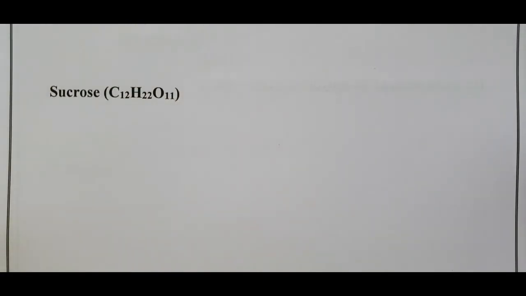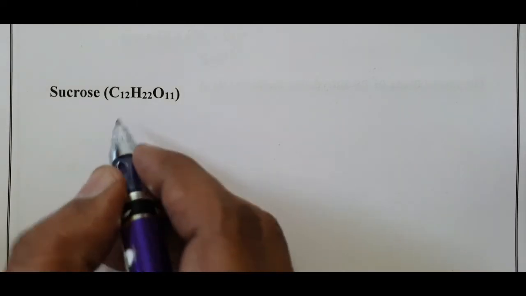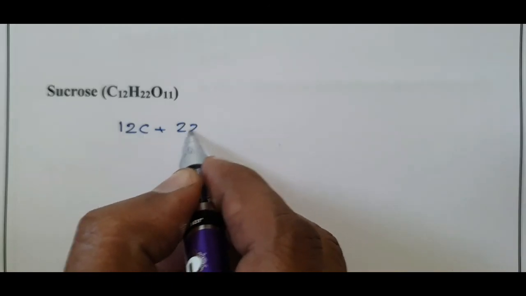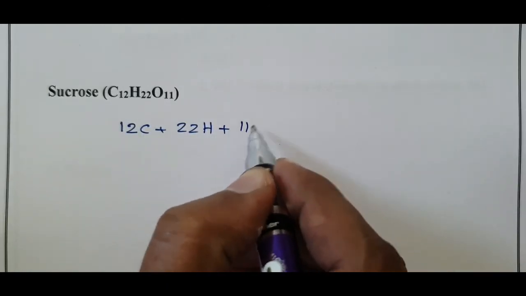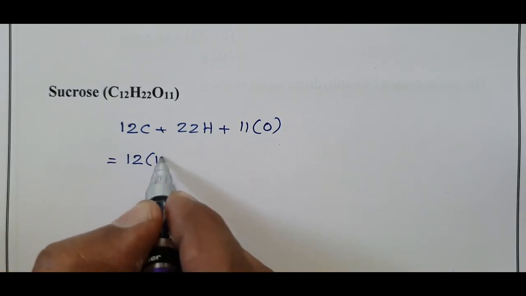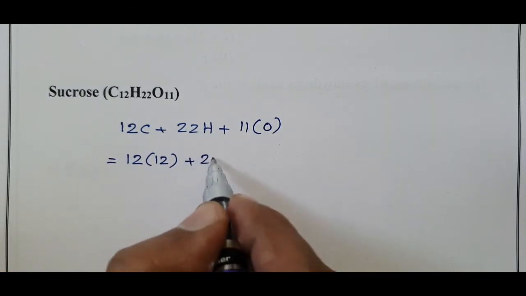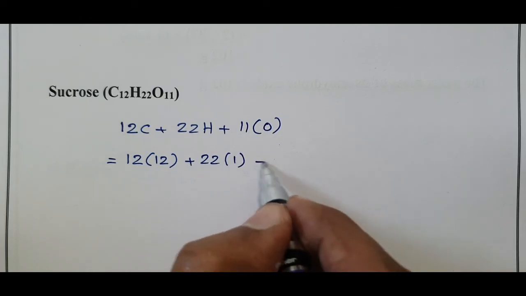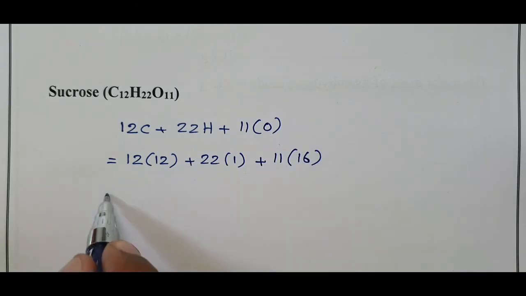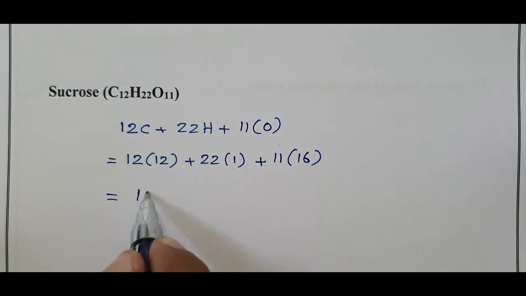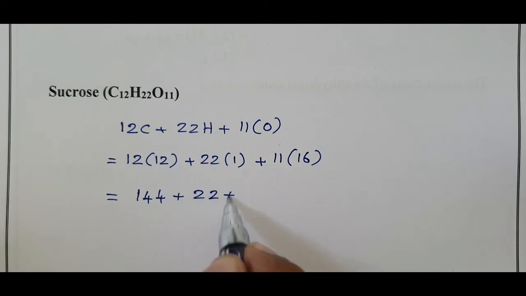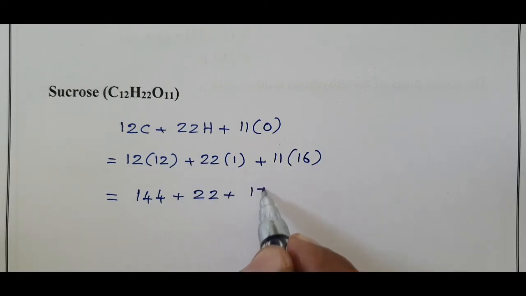Come to sucrose. It contains how many carbon atoms? 12 carbon atoms and 22 hydrogen plus how many oxygen? 11 oxygen, that is equal to 12 into carbon atomic mass 12 plus 22 into hydrogen atomic mass 1 plus 11 into oxygen atomic mass 16, that is equal to 12 into 12 are 144 plus 22 into 1 equal to 22 plus 11 into 16 equal to 176.